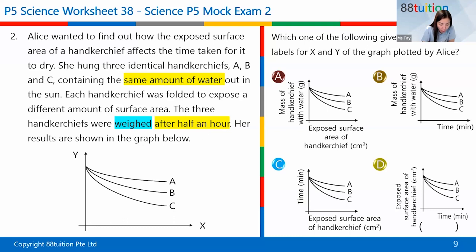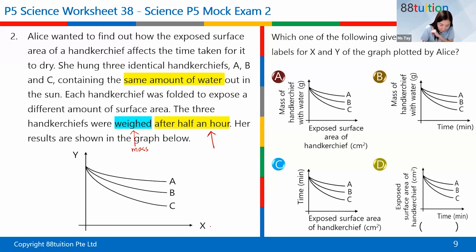So what she actually did was, okay, there was a duration of half an hour. She took some measurements, right? And the measurements were actually the mass. Okay, so she took the mass of the handkerchief. All right, then the time that she waited was half an hour.